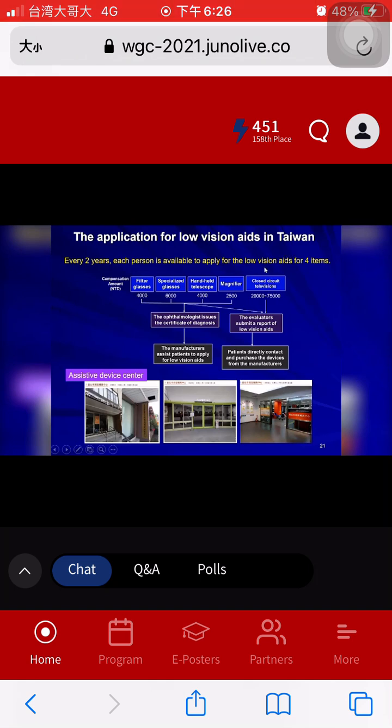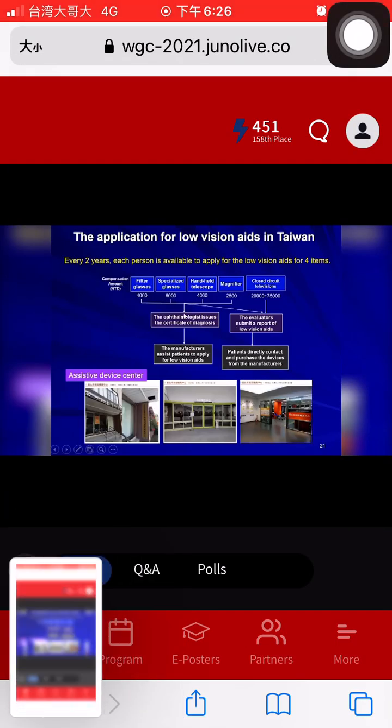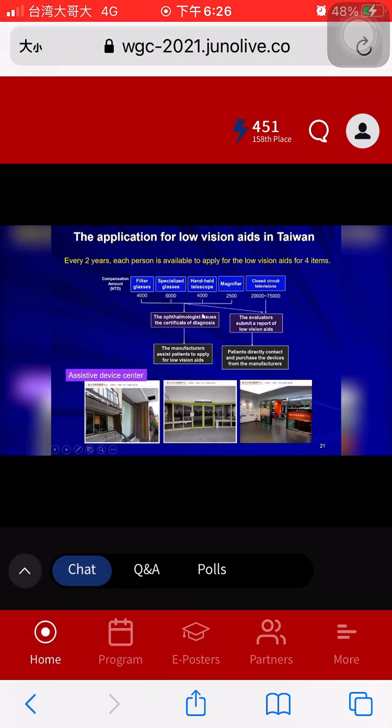Every 2 years, each patient is eligible to apply for low vision aids for 4 items. The clinician can help the patients apply for the subsidy with recommendations of specific devices for functional needs. Sometimes we also need to communicate with the assistive device centers and apply for a CCTV. This flowchart briefly summarizes the system.